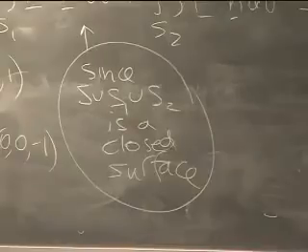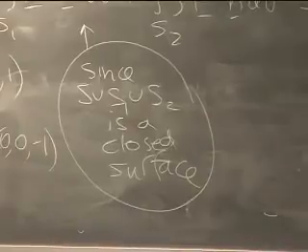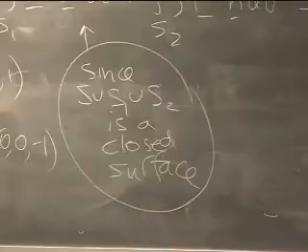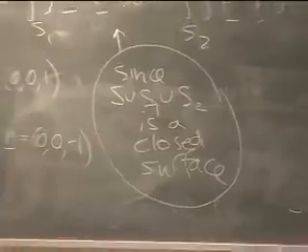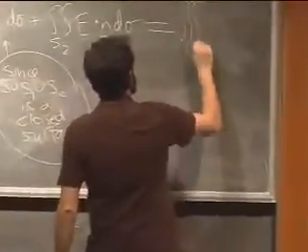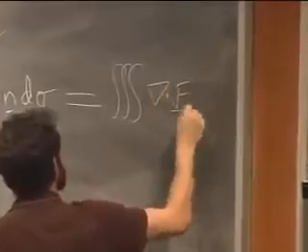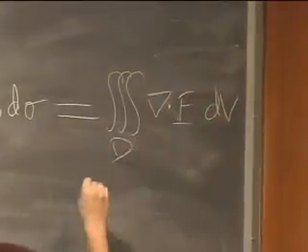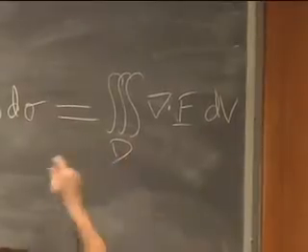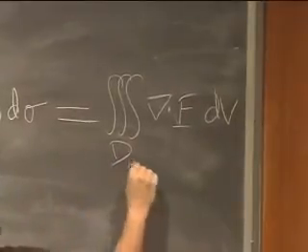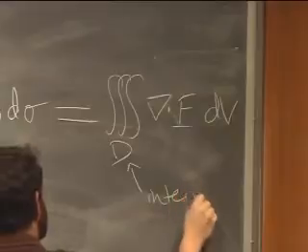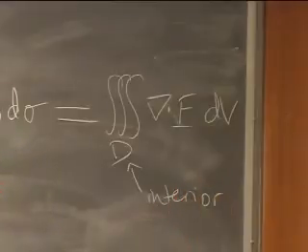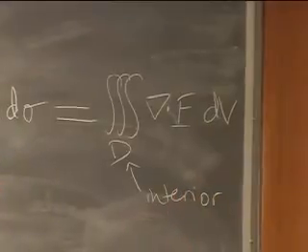That the flux integral of a vector field through a closed surface with outward normal equals what? The triple integral of the divergence of that vector field over D, where D is the interior of this closed surface.